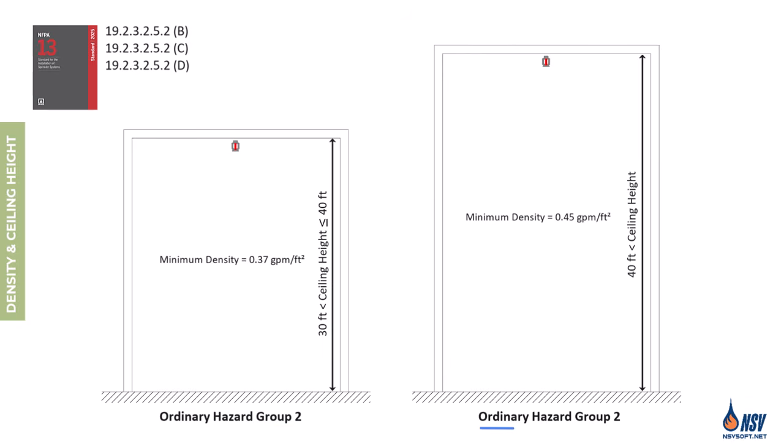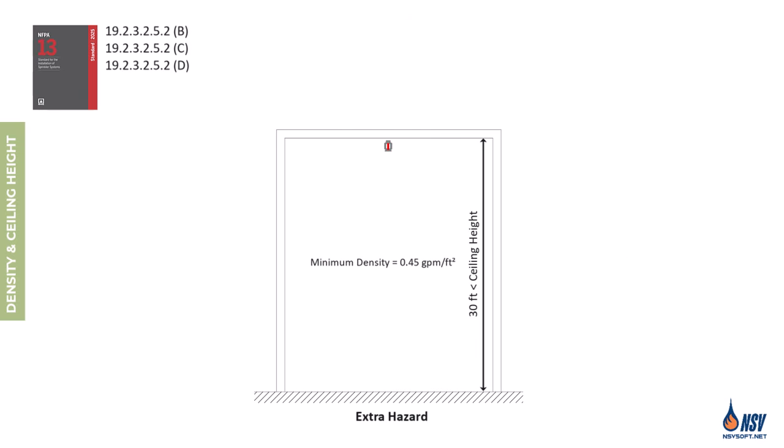If the ceiling height exceeds 40 feet, the minimum density increases to 0.45. Similarly, for extra hazard occupancies, a minimum density of 0.45 gallons per minute per square foot is required when the ceiling height is greater than 30 feet. These updates reflect the increased challenge of controlling fires in taller spaces, where sprinkler activation may be delayed, allowing the fire to grow larger before effective fire control begins.